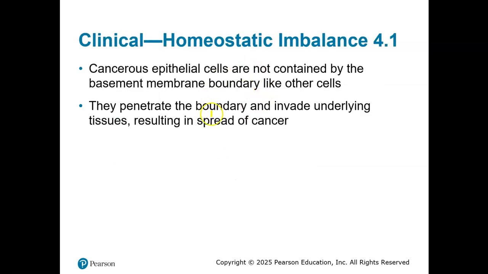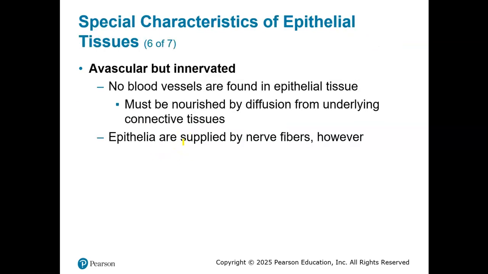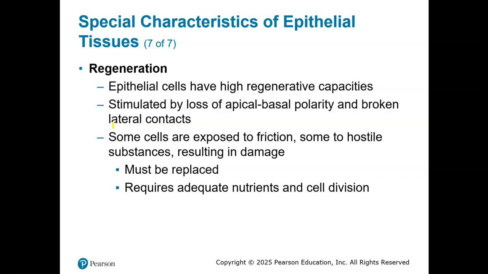Now, there is a homeostatic imbalance: cancerous epithelial cells are not contained by the basement membrane boundary like other cells. In other words, cancerous cells can penetrate that boundary and invade underlying tissues, and then they can spread. Okay, and we said that epithelial tissue does not have blood vessels, so it's avascular, but it is supported by nerve fibers.